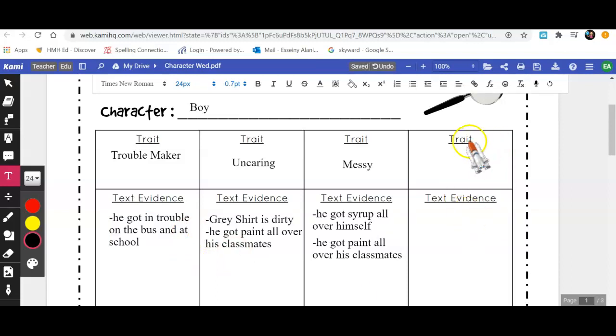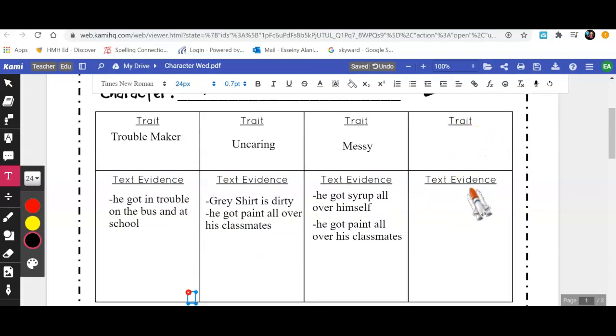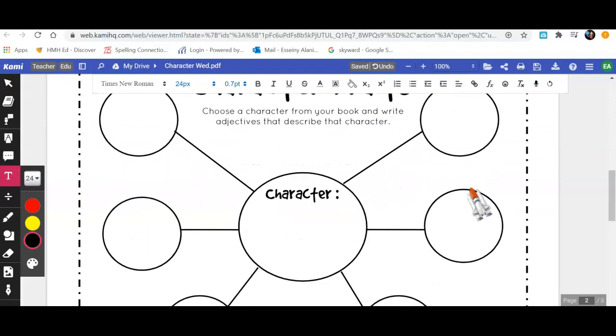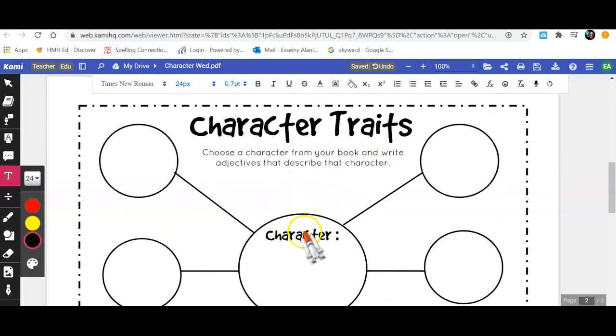Okay, can you think of another trait? Let's see. Choose a character from your book and write adjectives that describe the character. So here we're just going to practice describing this character. And we don't know his name, so we're just going to put boy. He's messy. He's a troublemaker.